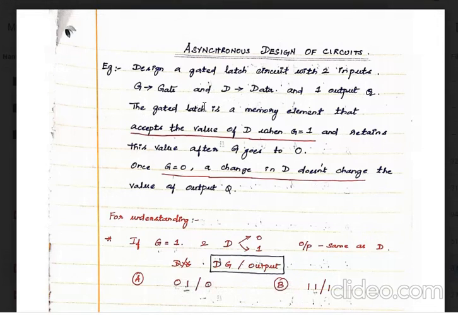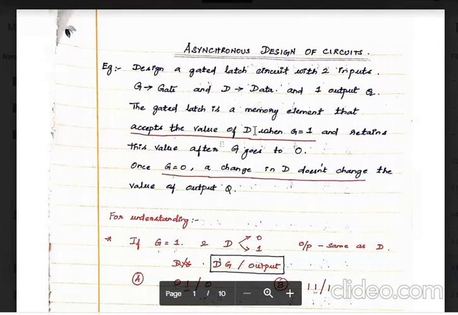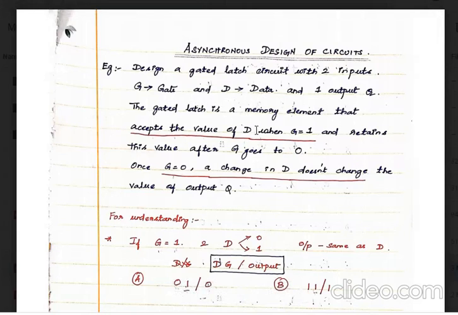The gated latch is a memory element that accepts D when G is equal to 1. So whenever G is 1, you will be accepting some input, either D is equal to 0 or D is equal to 1, and it retains the value if G goes to 0. You can imagine it like a gate.